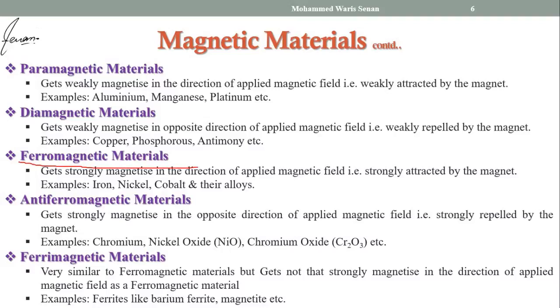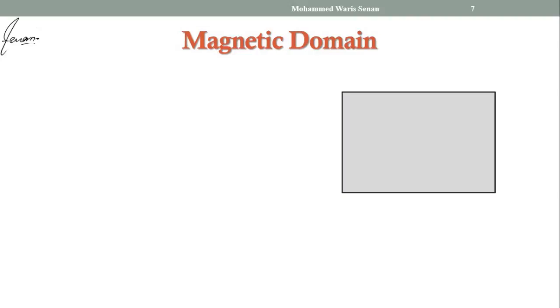So the first thing which we are going to discuss about this ferromagnetic material is the magnetic domain. So what is a magnetic domain? First we'll analyze the structure of a ferromagnetic material. Let us consider this is a ferromagnetic material, and it consists of, obviously, dipole moments.